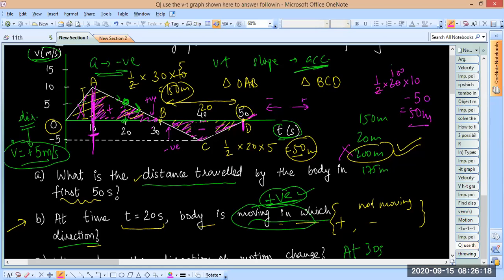So 10 to 30 means 20, half base, into height is 10. Minus, this area is 50, right? You can calculate that. So when I subtract, I'll get 50. Agreed?